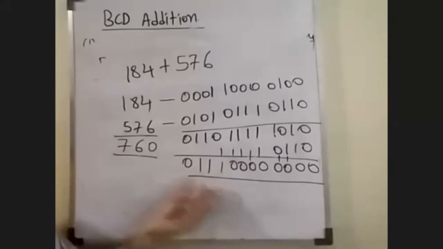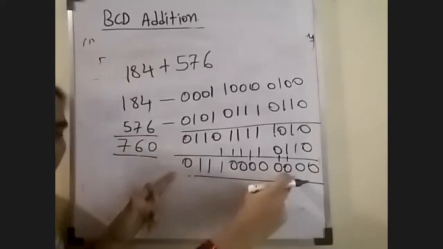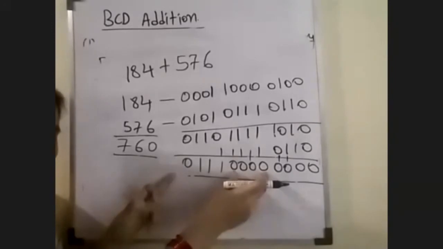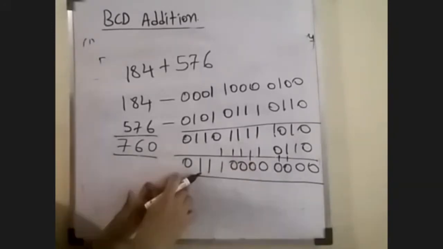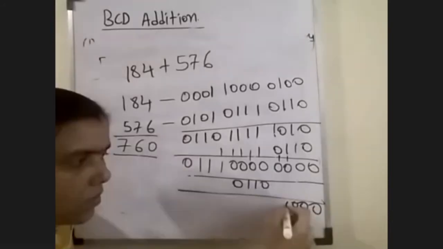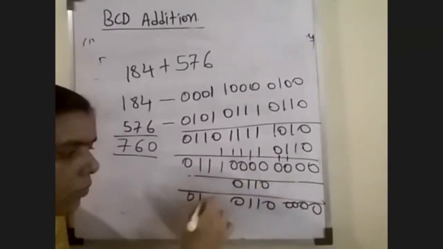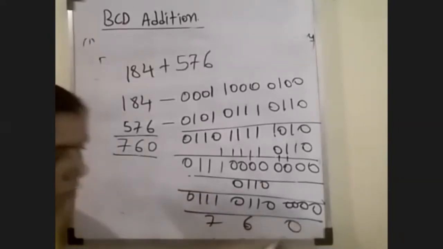Is it correct? 7 is the correct value and 0 is the correct value. Where is the invalid sum? Here only. Then you can add plus 6 here, 0110. So 0000, 0111, 0110. So here 7, 6, 0.